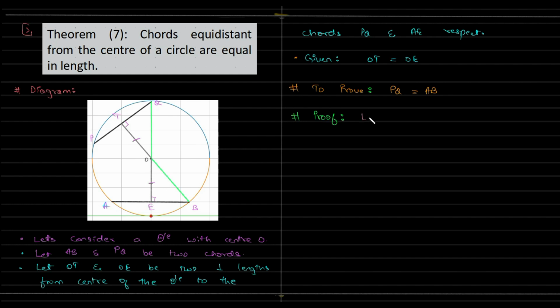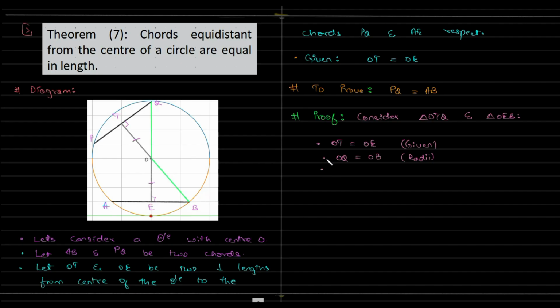Now let's consider triangle OTQ and triangle OEB. Here we have OT is equal to OE. This is given. And we have OQ is equal to OB. They are your radii.